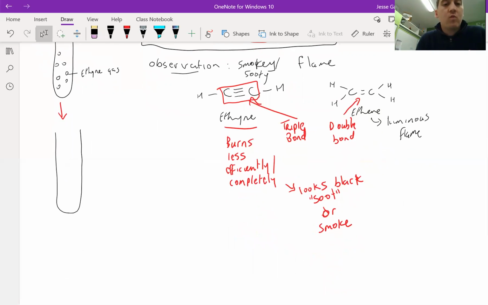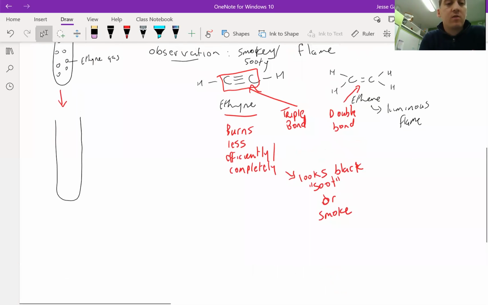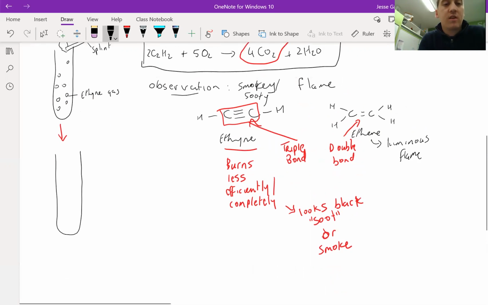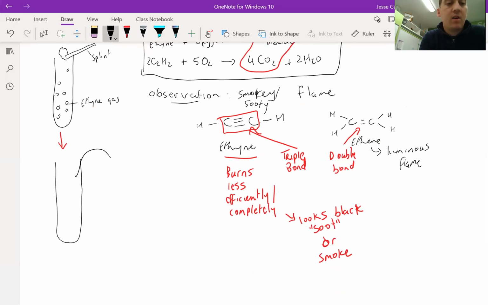Okay. The next test we're going to do is we're going to take our product that we've done from combustion, and we're going to put in our lime water. Lime water is colorless, and when it mixes with carbon dioxide, CO2, it turns to a white or a milky color.